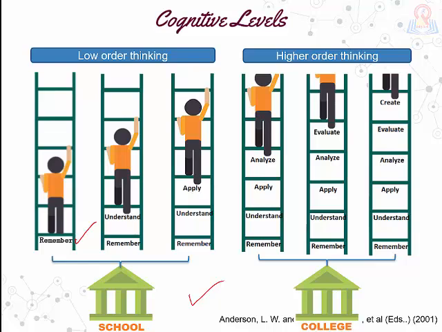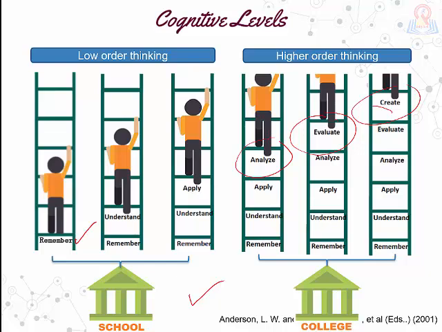But even in the BSc physics, they will have the Ohm's law. The Ohm's law is same, but the thinking level is different. In the college, they will analyze, they will evaluate, they will create the circuit, they will evaluate the circuits using Ohm's law. So the thinking process is different.